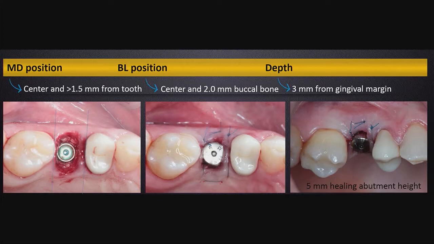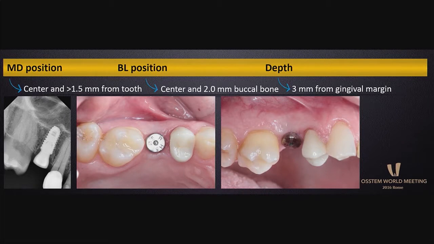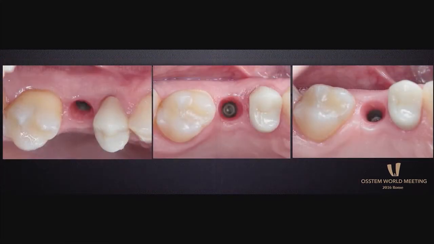For installation depth, using a 5 millimeter healing abutment, 2, 1, or 0 millimeter of healing abutment exposure means we have 3 or 5 millimeter of installation depth of this implant. Then we wait for the osseointegration about 3 months. Then the healing abutment will be removed.